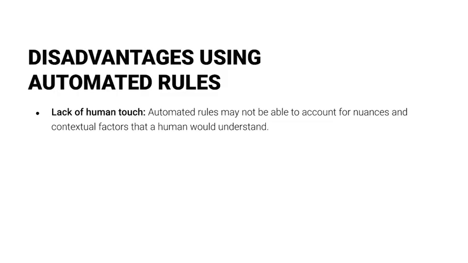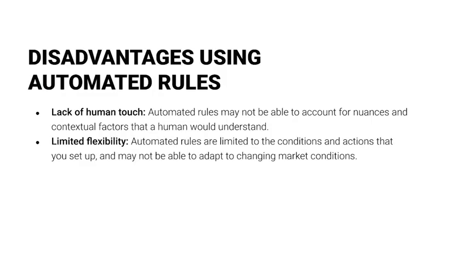Automated rules may not be able to account for nuances, contextual factors that humans would understand. Like an automated rule wouldn't understand the difference between Black Friday or just some other regular Thursday that we're running ad campaigns that would respond differently. Limited flexibility. Automated rules are limited to the conditions and actions that you set up and may not be able to adapt to changing market conditions.